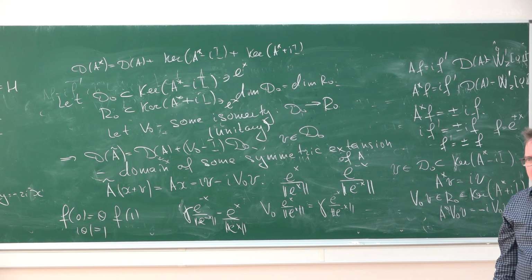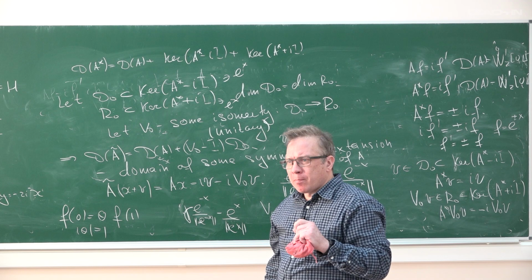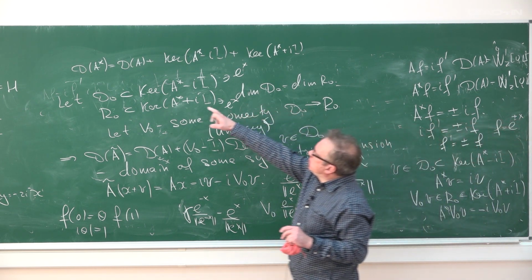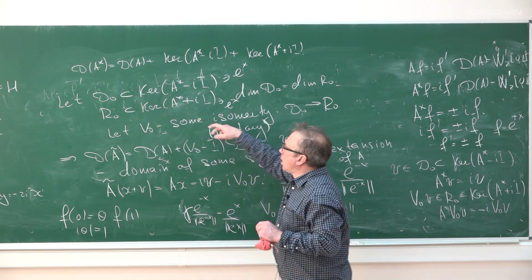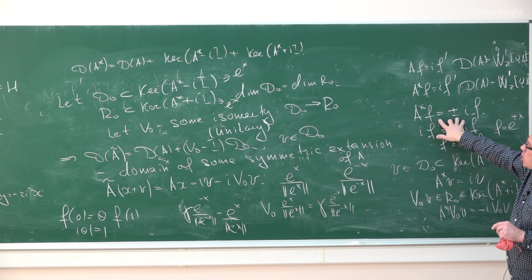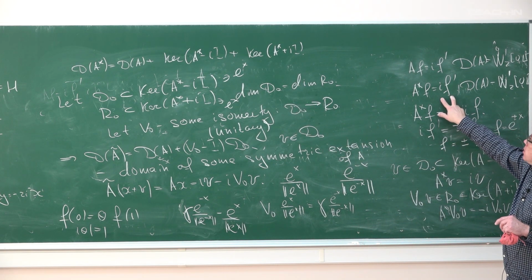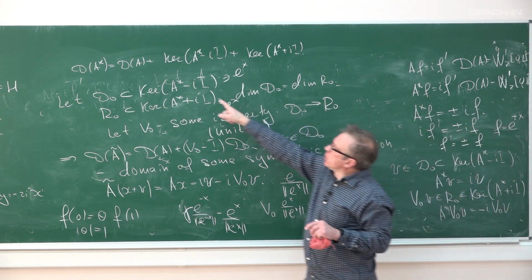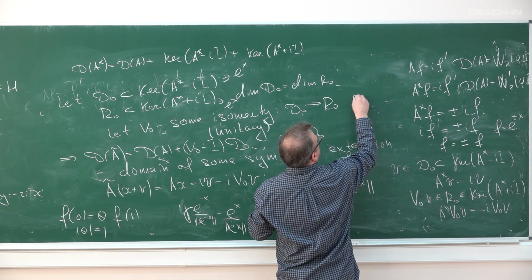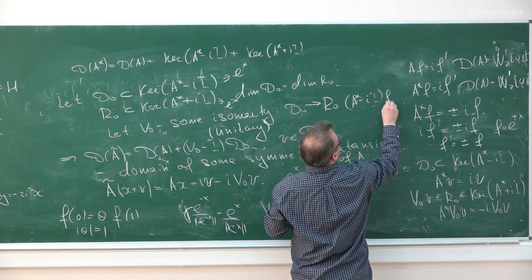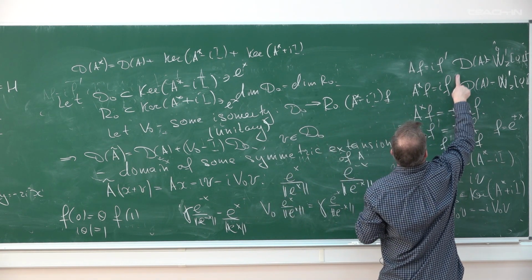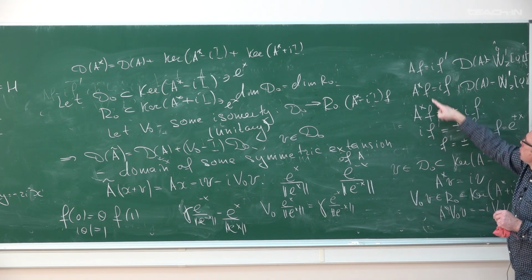It depends on a one-parametric family theta. So why did you write here plus minus i in the expressions? Because I take D0 from this and R0 from this, the kernels. This is just a kernel, the kernel of this operator, A star minus i. Because you can rewrite it as A star minus i f. Here not prime. Prime is just here.